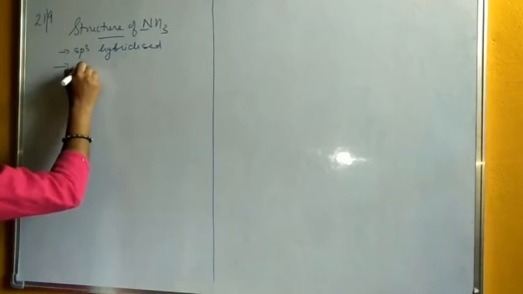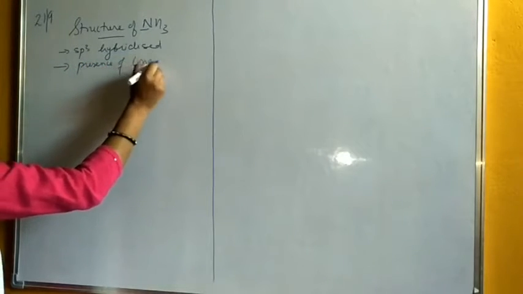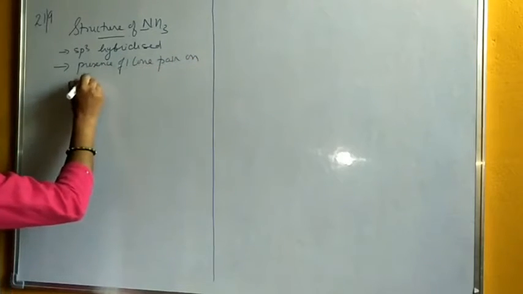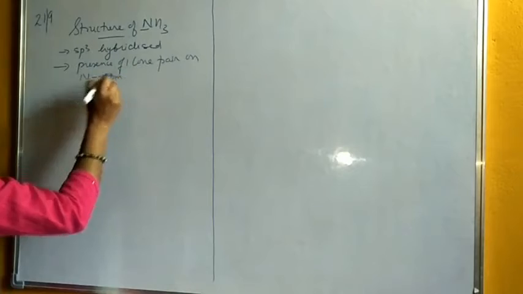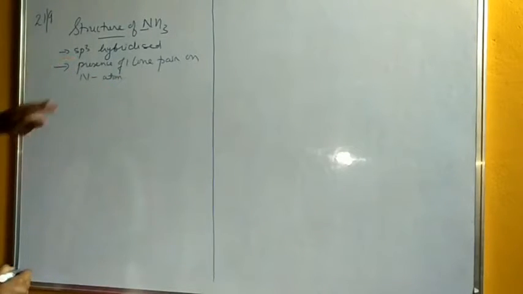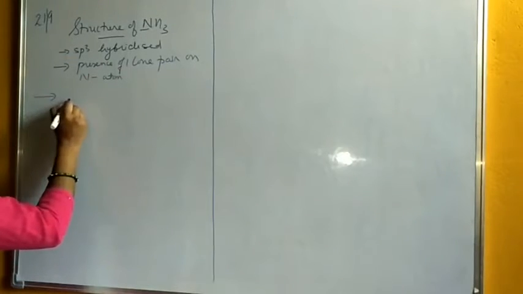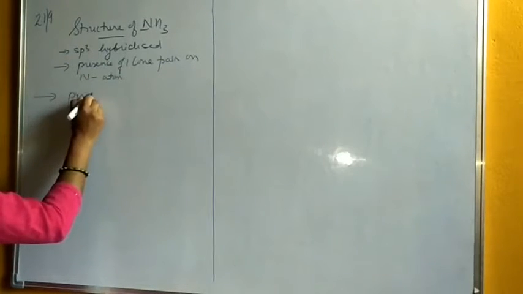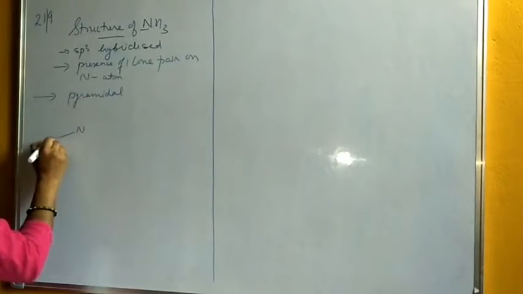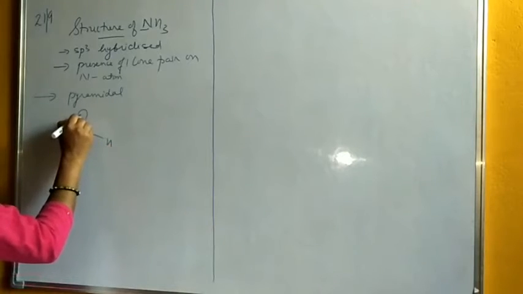And there is the presence of one lone pair on the nitrogen atom. So the expected shape from the sp3 hybridization should be tetrahedral, but due to the presence of a lone pair, there will be distortion and the shape will be pyramidal, right?